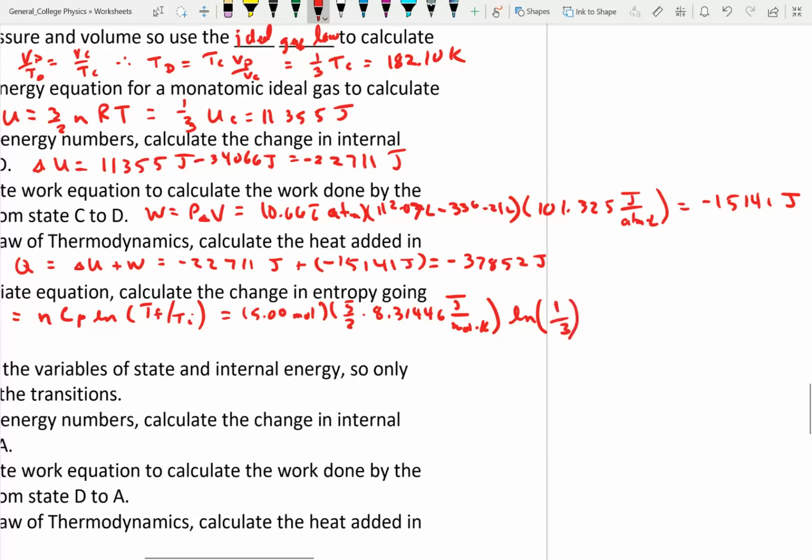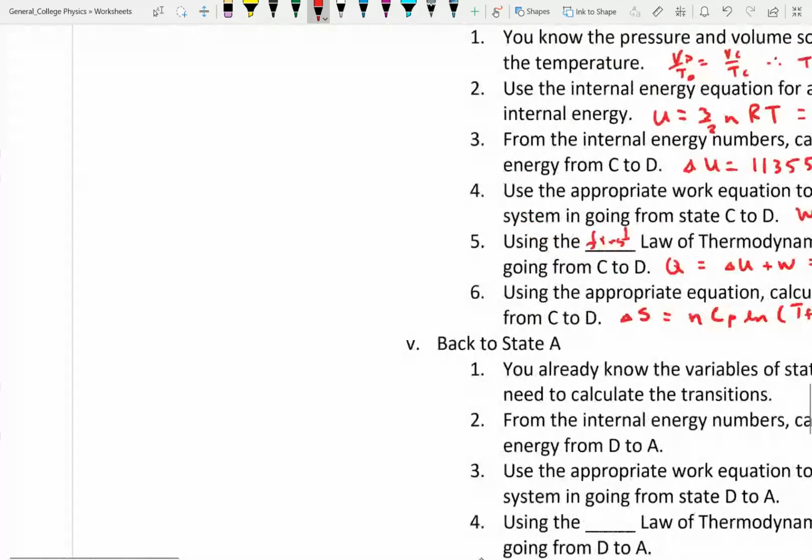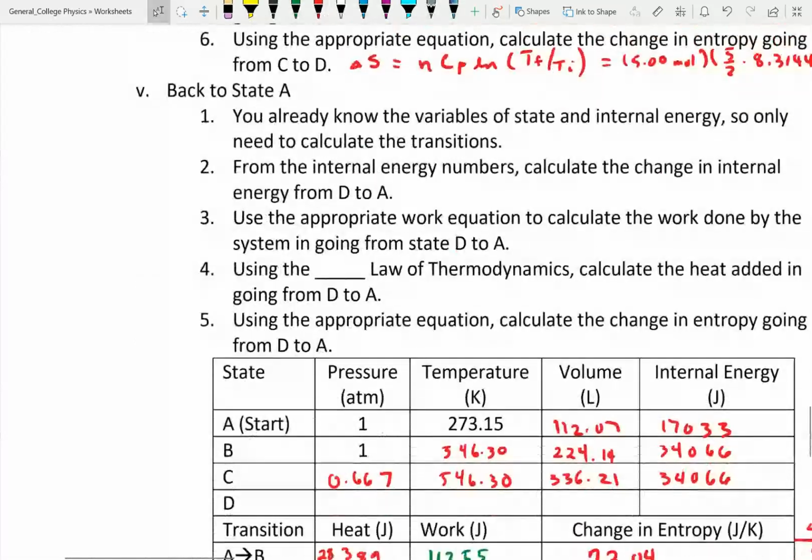Well, natural log of 1/3 is minus natural log of 3, so we know it's going to be a negative value. And it turns out this is minus 114.18 joules per Kelvin.